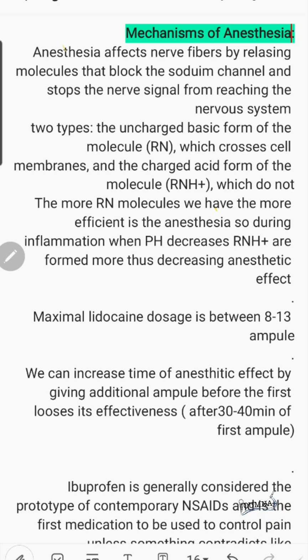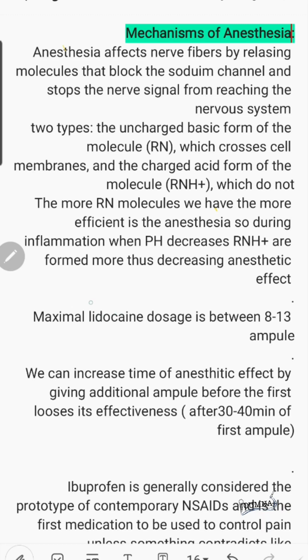The other one is the charged acid molecule, which is the RNH+, that forms in acidic solution, when the pH is decreased, so it forms more when inflammation is present. Thus, it decreases the anesthetic effect. So the more we have of the RN molecule, the more anesthesia we will get.